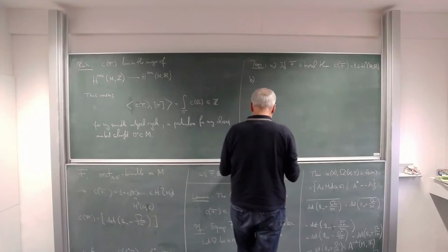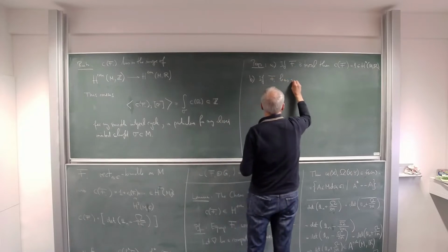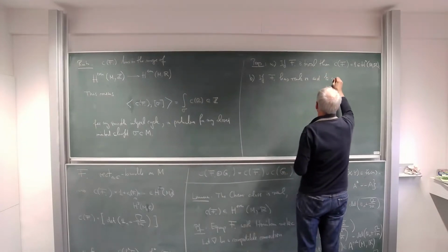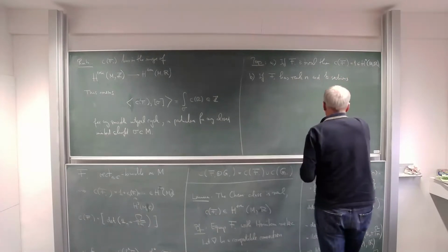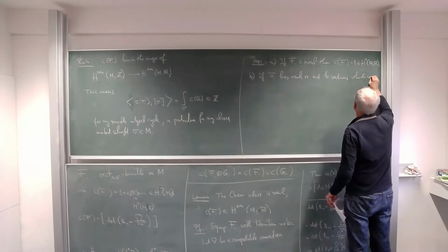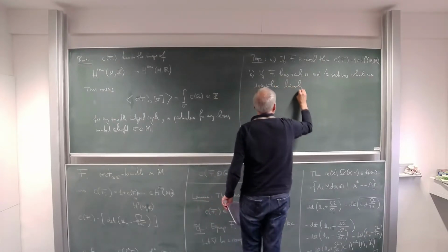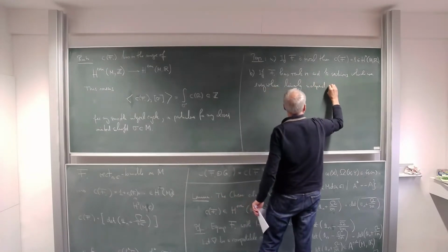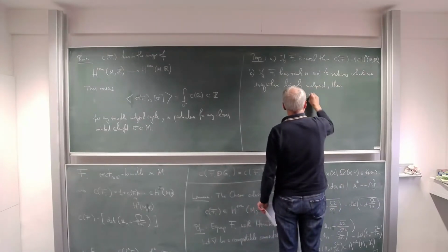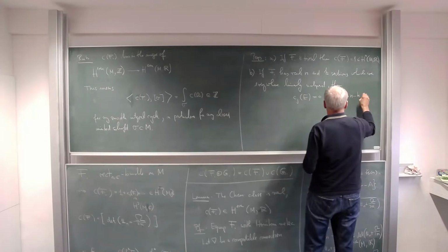But building on this, we have the following: if F has rank n, so fiber dimension n, and k globally defined sections, which are everywhere linearly independent, then some of the Chern classes must vanish, namely all those Chern classes c_j must be zero for which j is larger than n minus k.